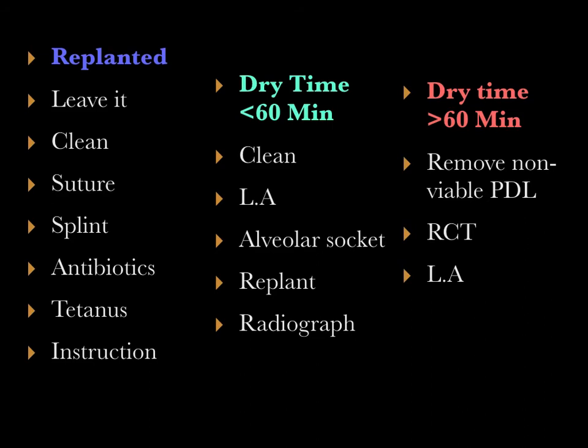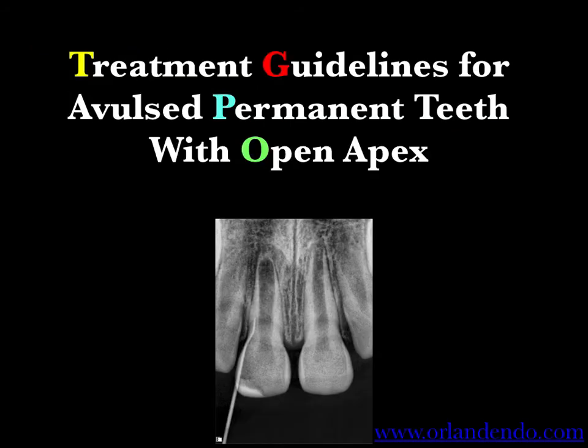The probability is higher if the tooth has been replanted after 1 hour. But any tooth could become necrotic, and then you have to do root canal treatment, and this appears at the follow-up visit.